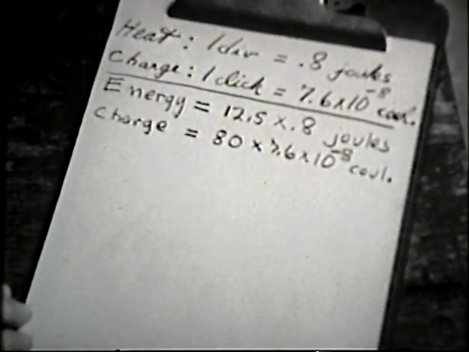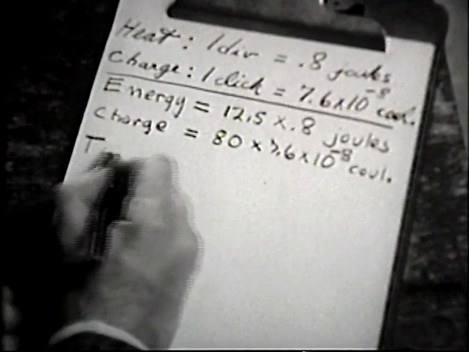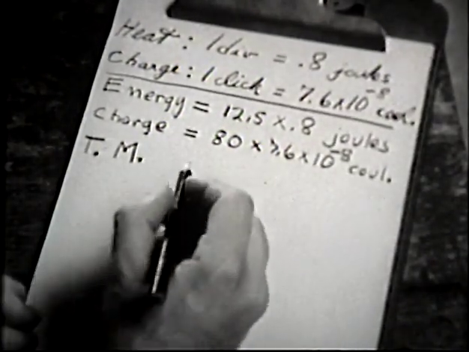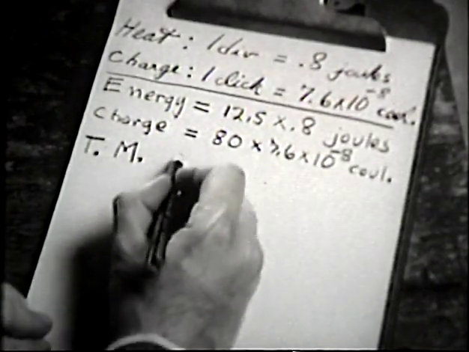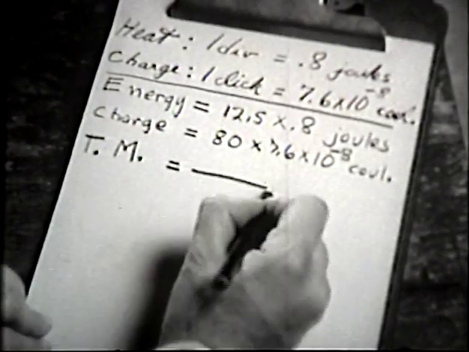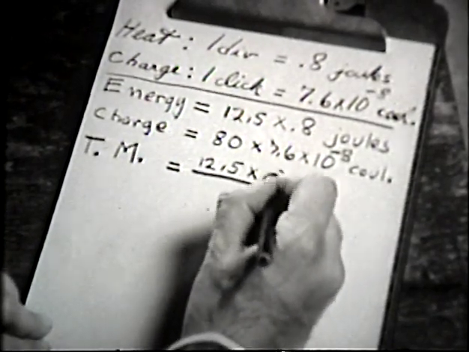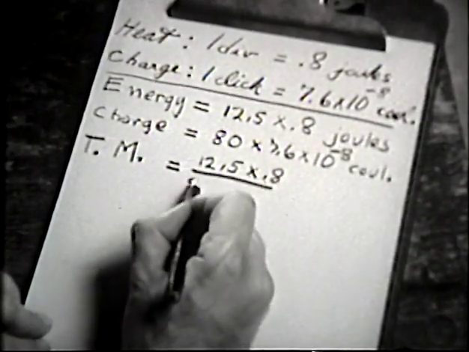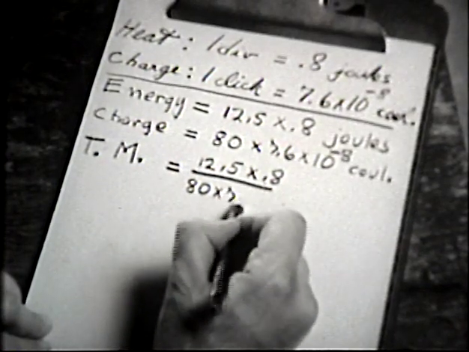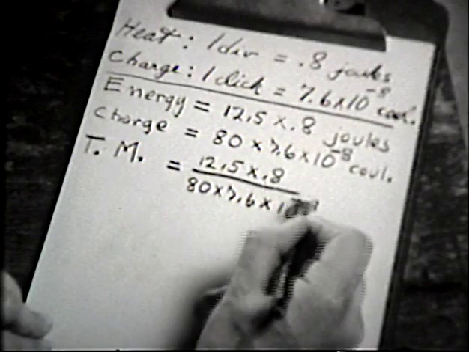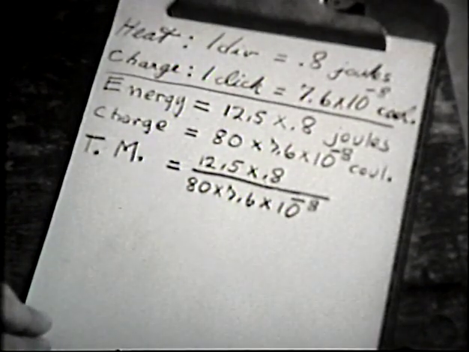So, according to our thermal measurement, the energy per charge of the electrons is 12.5 times 0.8 divided by 80 times 7.6 times 10 to the minus 8 joules per coulomb.